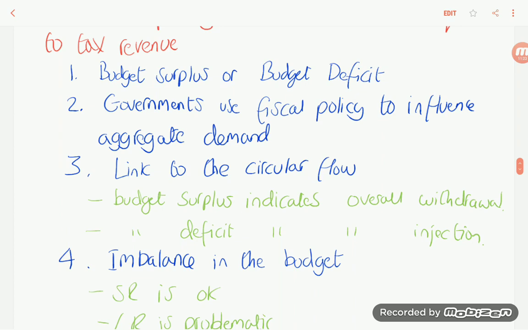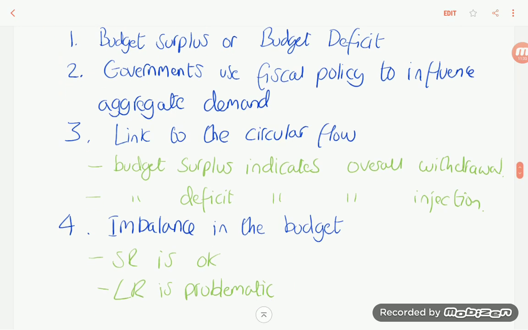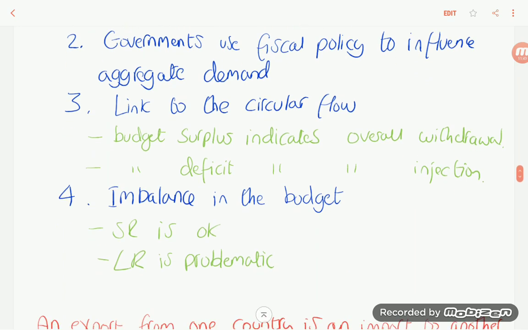Governments use their fiscal policy, that's their taxation and their decisions and their spending, to influence aggregate demand. If aggregate demand is low and economic growth is slow or even negative, then a government may overspend, causing a budget deficit in order to increase aggregate demand and boost economic growth.